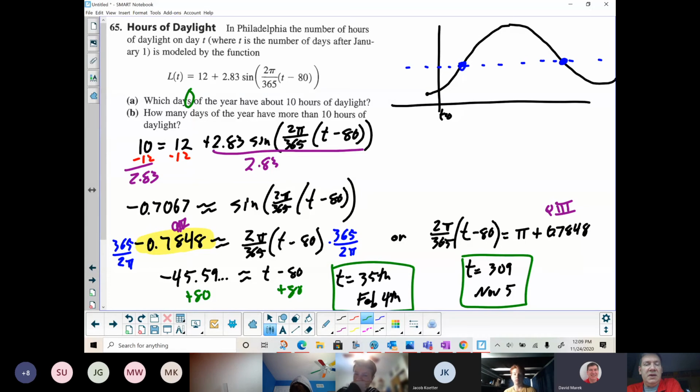So there's a big stretch of the year between February the 4th and November the 5th where we have more than 10 hours of daylight each day. So then for part B, it's just a matter of finding out how many days between that. I believe that works out to be about 275 days.